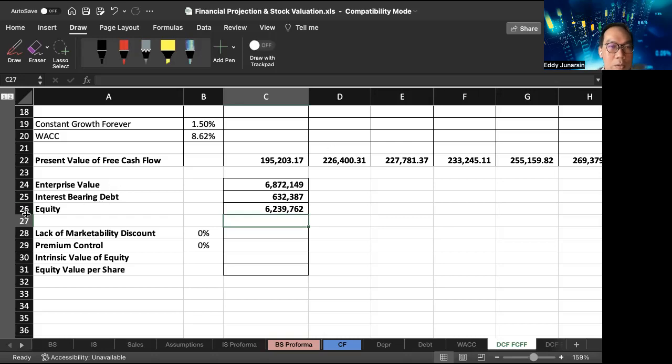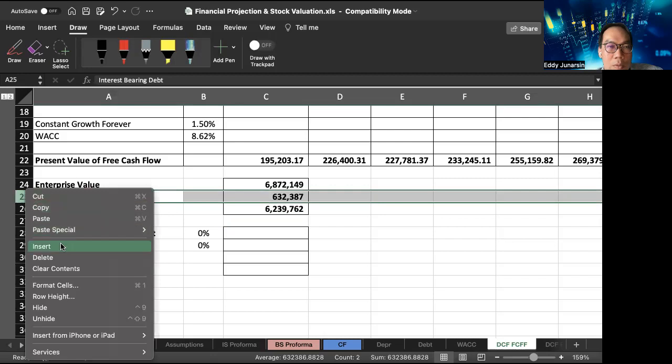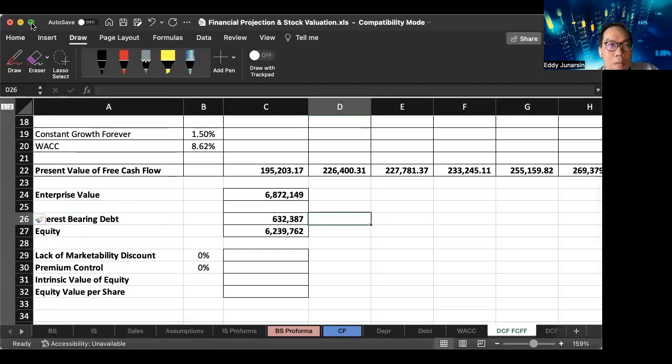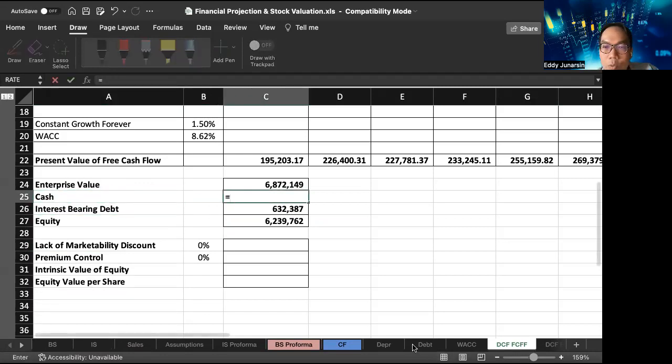Sorry, so we need to. So maybe you can add back the cash if you want. So cash in 2021.